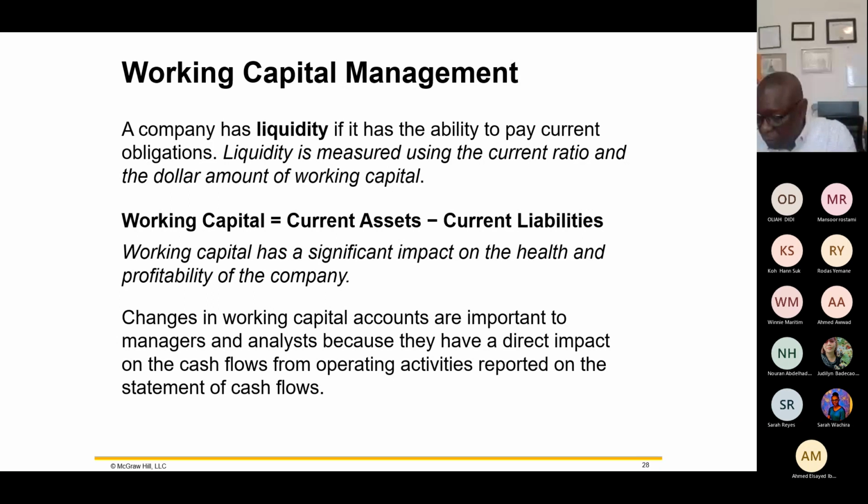We did the current ratio, right? Yes, we did the current ratio. You should be able to calculate the current ratio. Current ratio is always current assets divided by current liabilities.